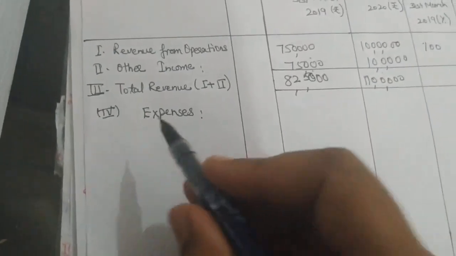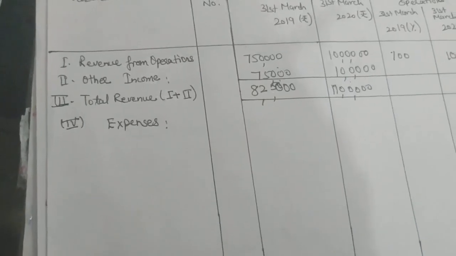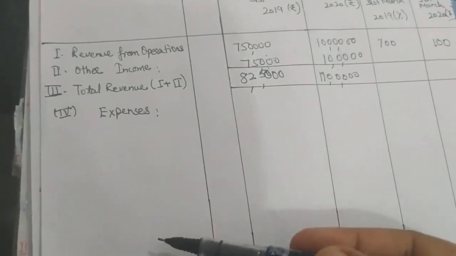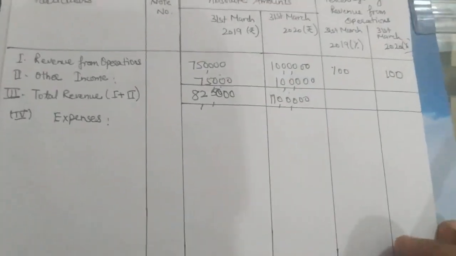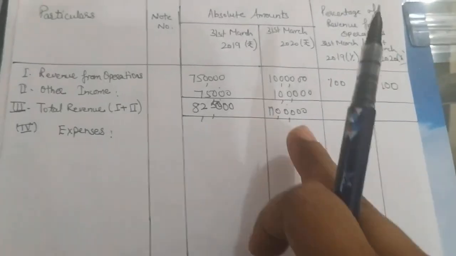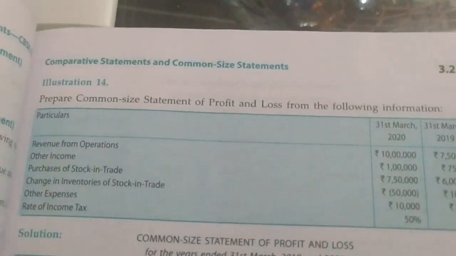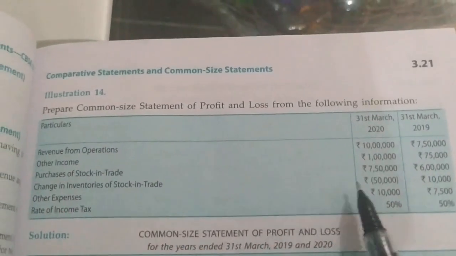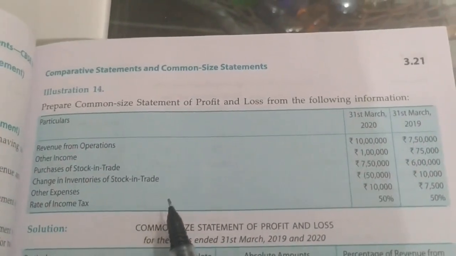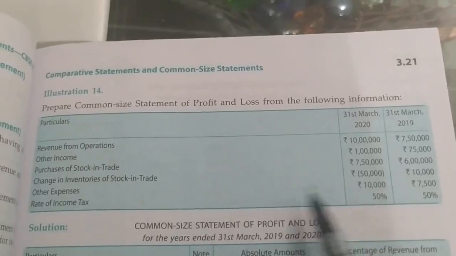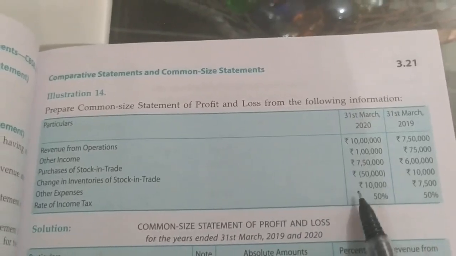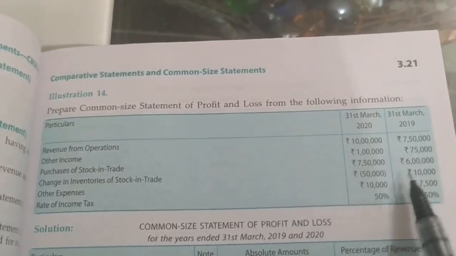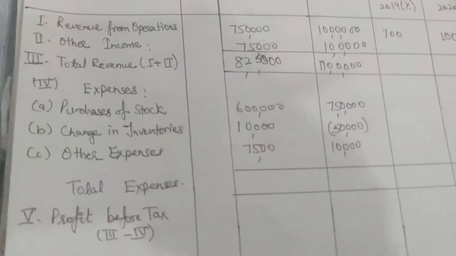Now next we have to write all the expenses given in the question, and the amounts in front of them for the previous year and the current year. The next items are purchases of stock in trade, change in inventories, and other expenses. I will write them in the format in my solution and do the total of all these expenses.